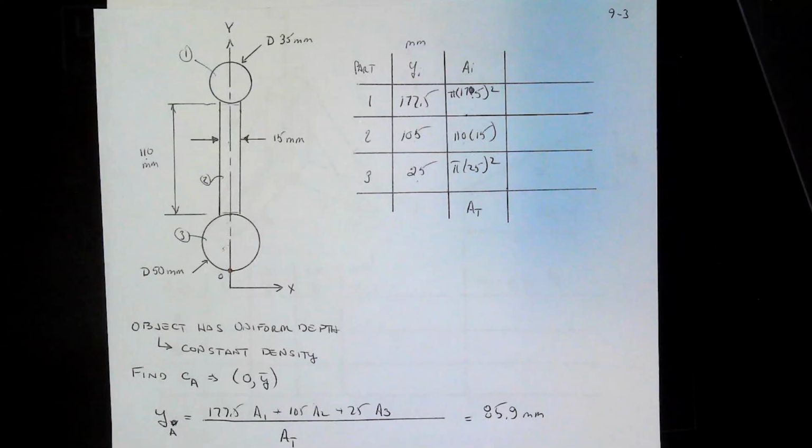Now, the coordinate system is centered on this device, and it is obvious from symmetry that the x-center is along this line. So here's the x-axis going here. So x of i, for all the various parts in here, is 0. We don't need to compute that.